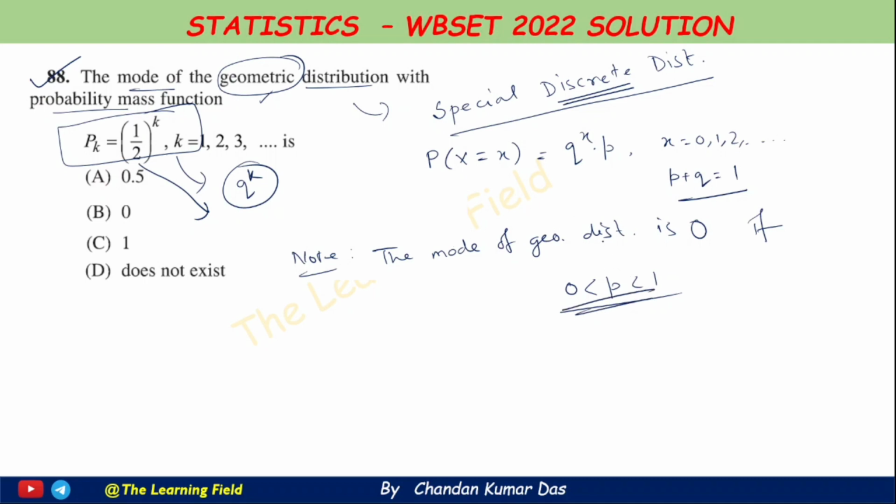This is obviously true for the geometric distribution because p and q always lie between 0 and 1, since p plus q equals 1. That means the mode of the geometric distribution is 1. Sorry, this mode is 1. I think I wrote it correctly. So this is the concept behind this question.